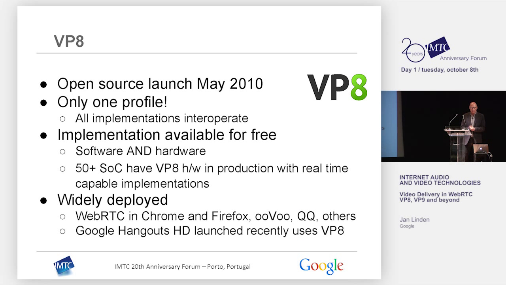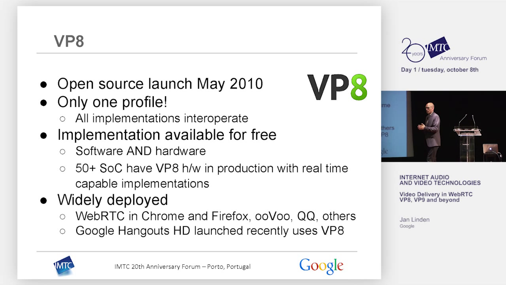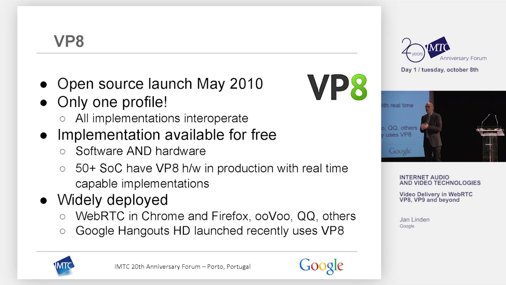So let's talk about VP8. VP8 was launched in May 2010. It's an open source project as part of the WebM project. What we tend to believe is a really good trait of this codec is that there's only one profile, so every implementation will be interoperable. And also the implementation that we provide is free, both in hardware and software implementations, making it easy for anybody to take it.